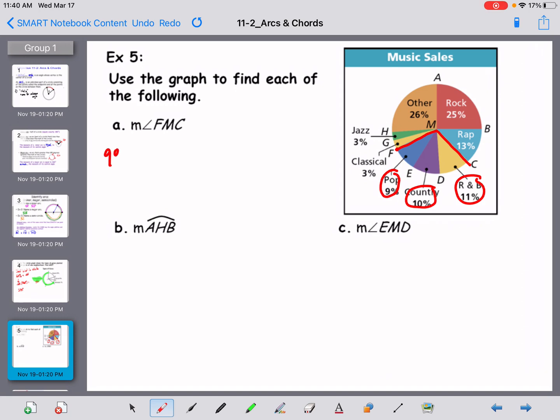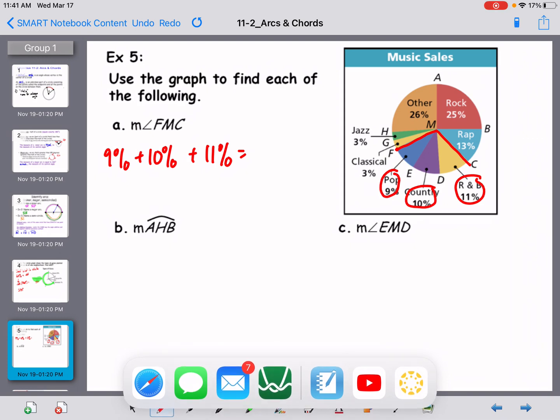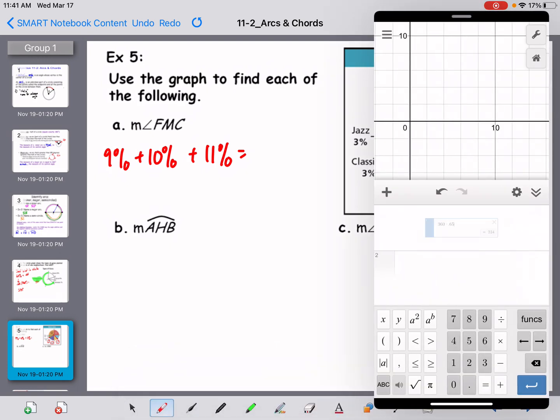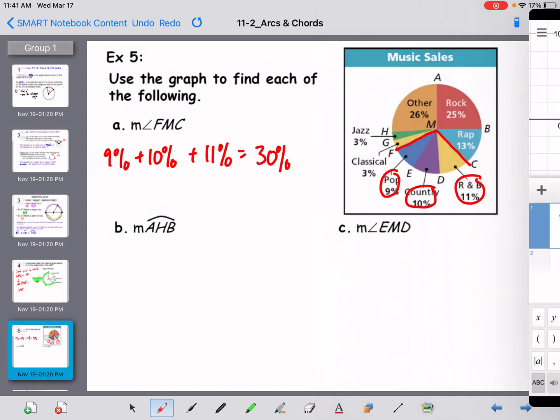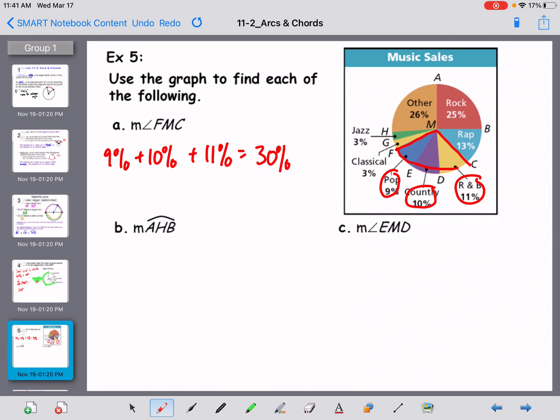So we have 9% plus 10% plus 11%. How many percents would that be? Let's add them and see. So we're adding 9 plus 10 plus 11. That equals 30%. So again, this arc would be 30% of 360 degrees.